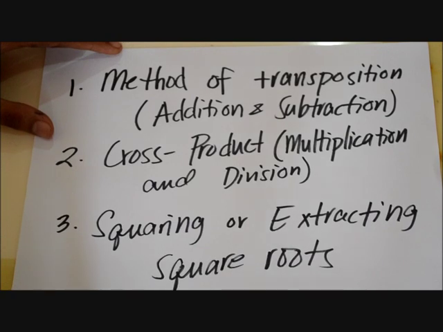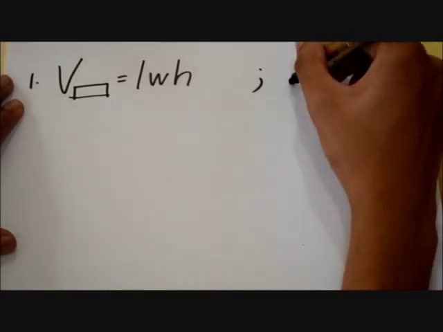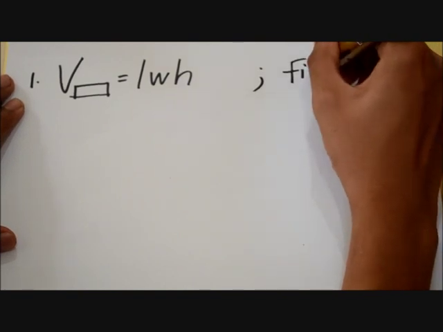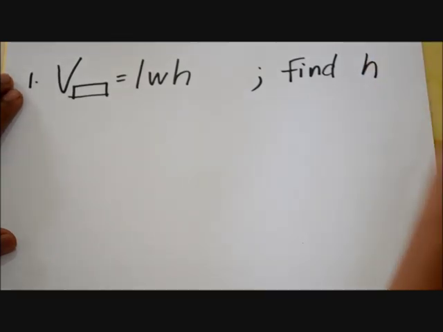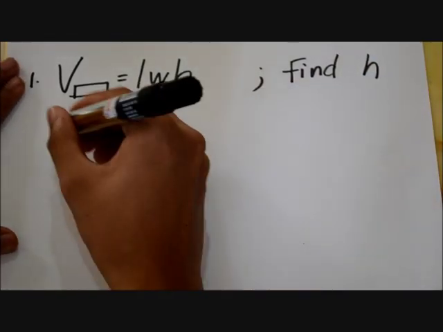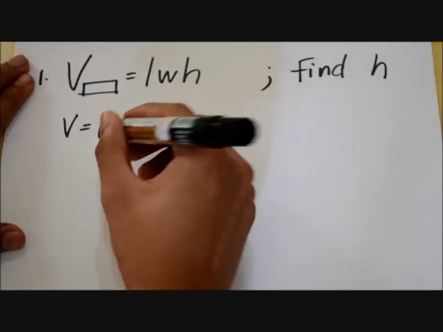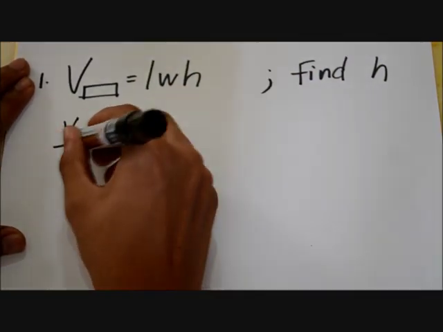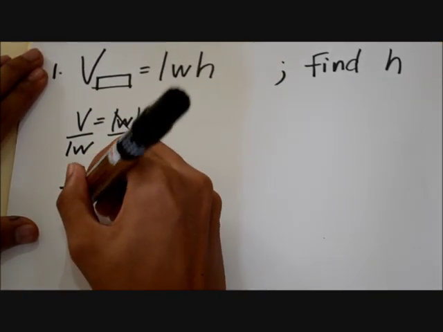We already have the rules. Now we're going to apply them. Given example number 1, the formula for the volume of a rectangle is V equals length times width times height. Find H. The goal of the process is to isolate H at either side of the equal sign, so it will be easier.